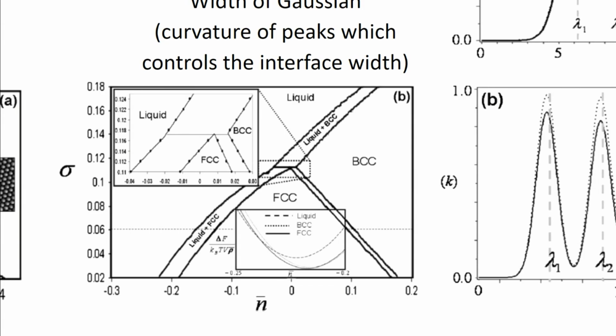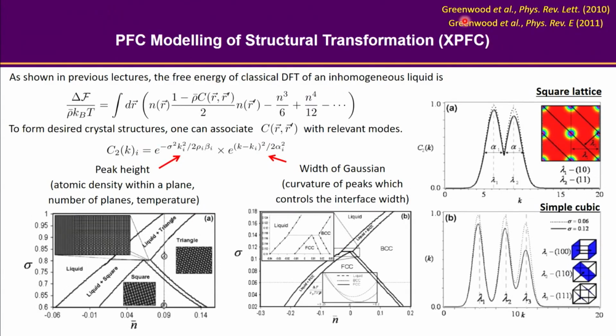Okay, so feel free to read those two papers if you would like to implement what they now call the XPFC model. But the idea is still consistent with this two-mode or multi-mode PFC model, that you will need more building blocks in order to have other structures than BCC in 3D.